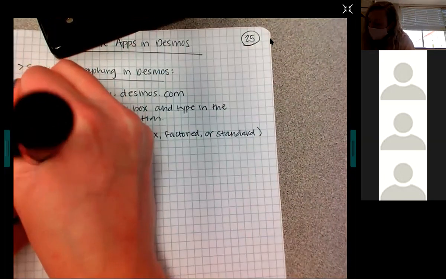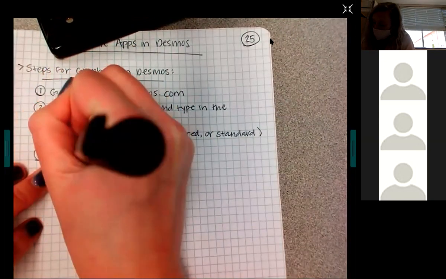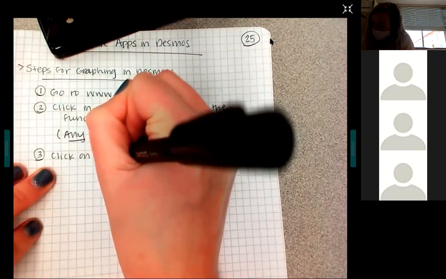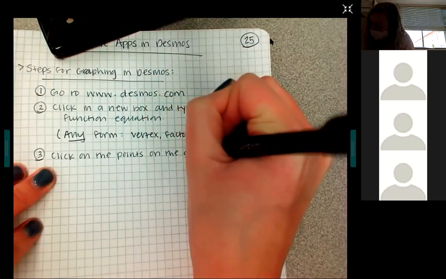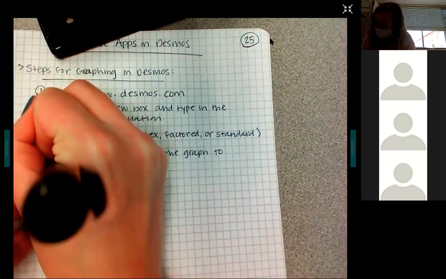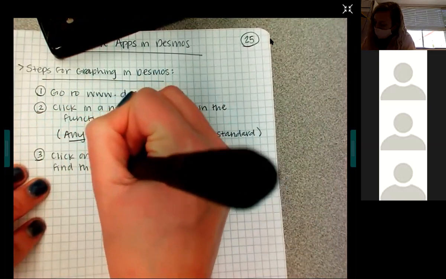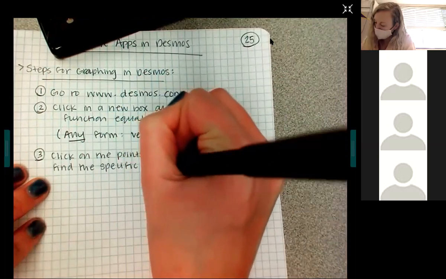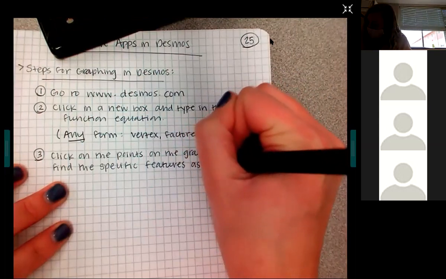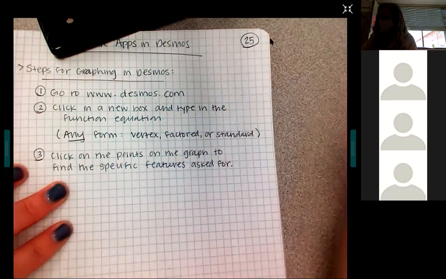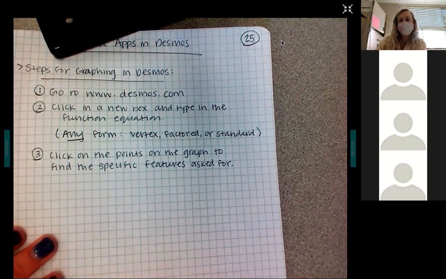So your third and final step is to click on the points on the graph to find the specific features asked for. And that's it for steps. I'm going to pause and let y'all finish recording.